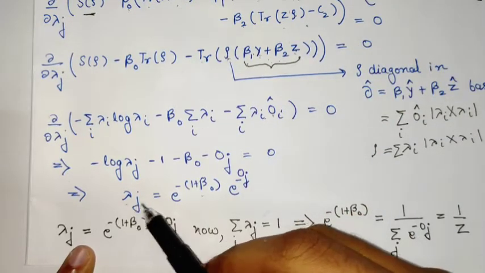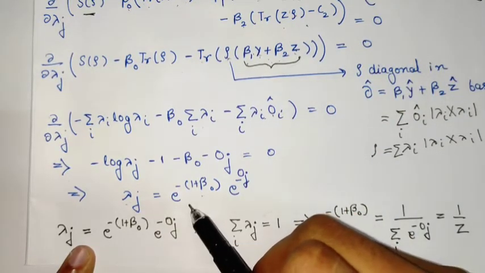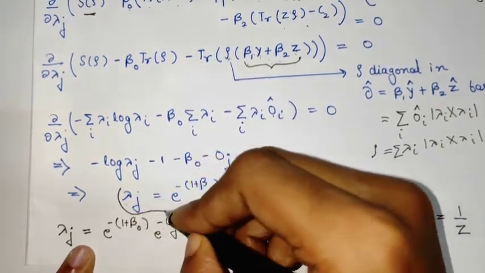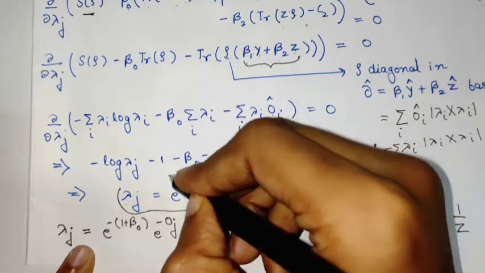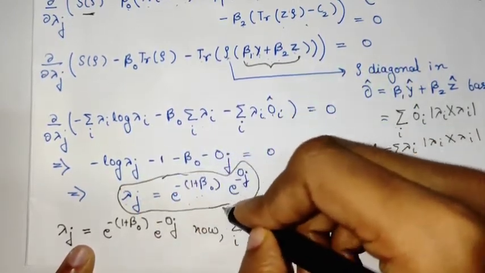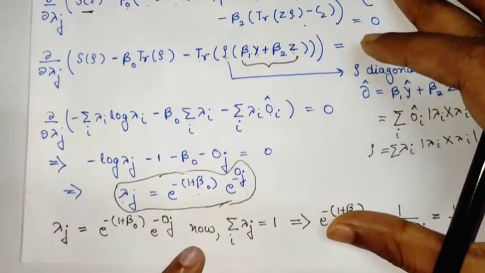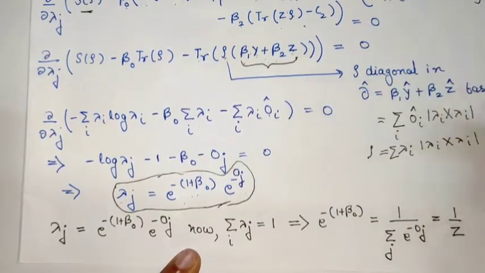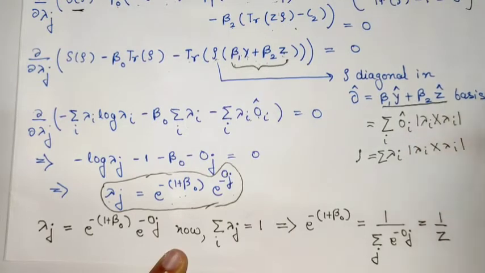Now once we have obtained these lambda j's, what I have written in this particular box, you see this oj is also there, which is the eigenvalue coming from this operator.